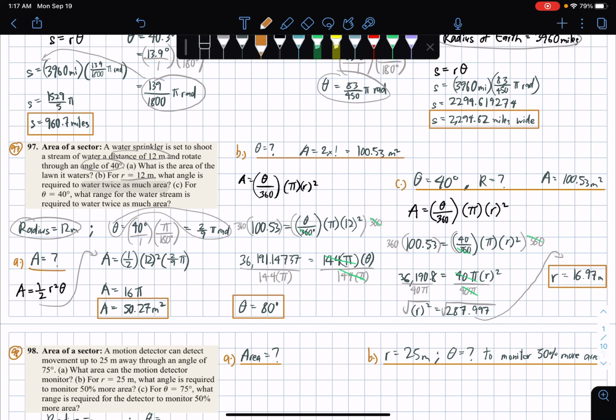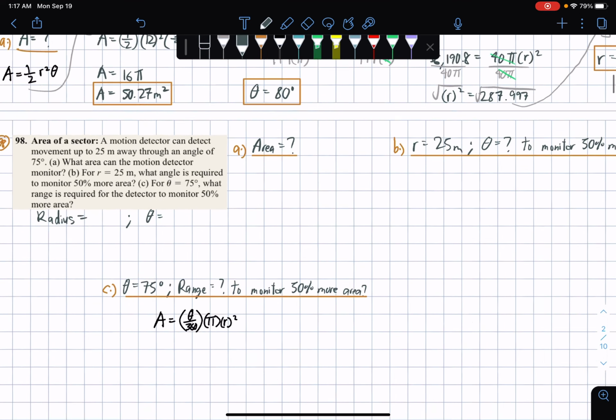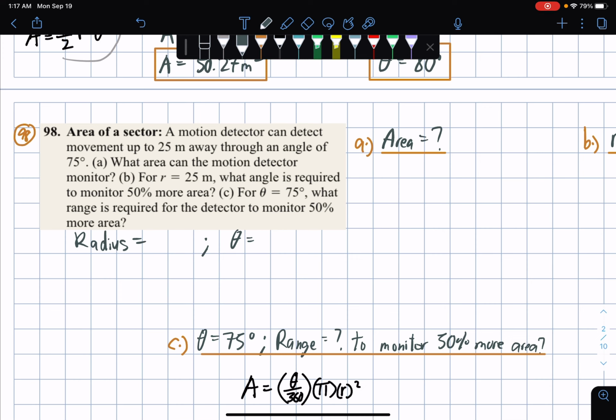Alright, let's continue. Number 98, still the same concept, area of a sector. So a motion detector can detect movement 25 meters away, so that distance is obviously the radius already, unless another value plays in its place, but right now we don't have that kind of situation.